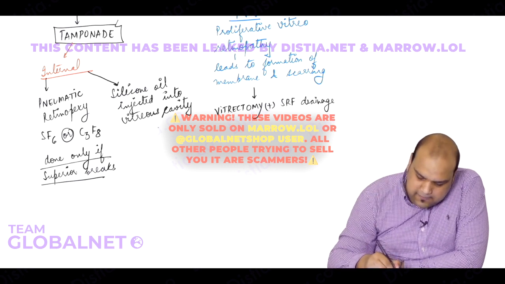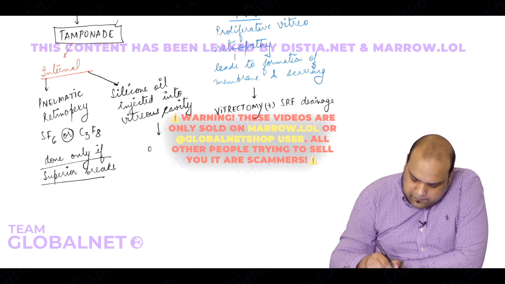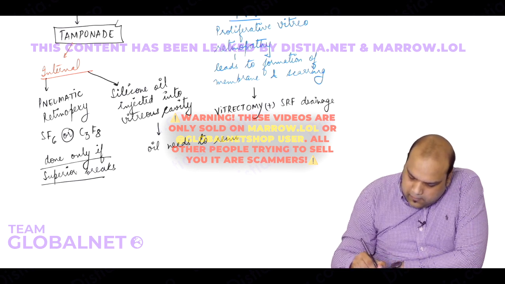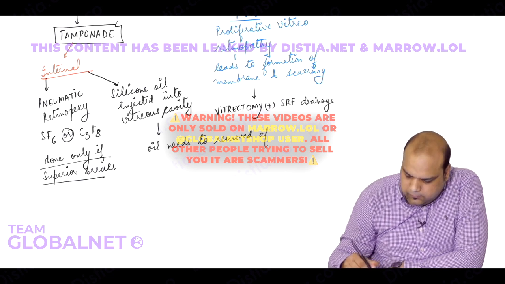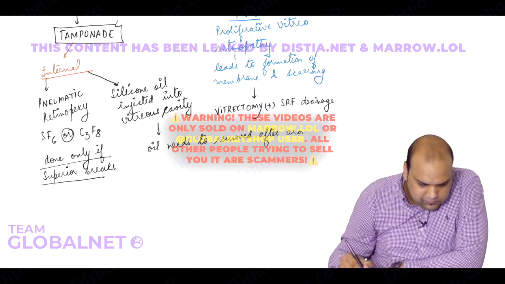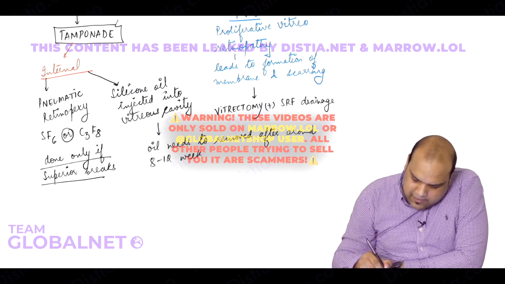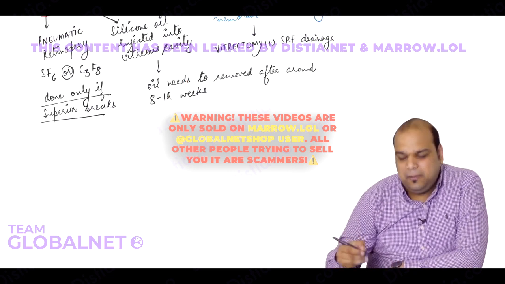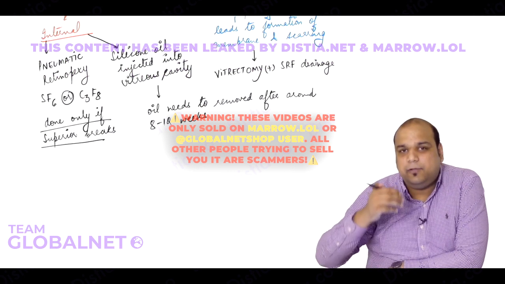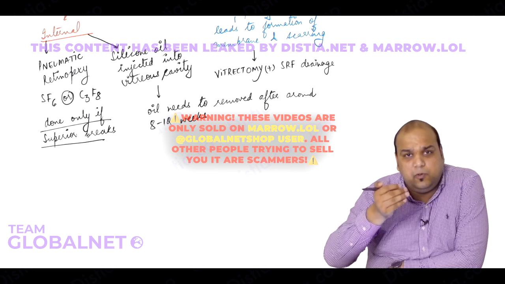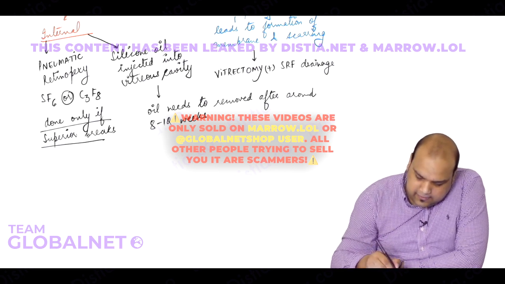The only problem is silicone oil needs to be removed after around 8 to 12 weeks. See, the air will get absorbed, but oil cannot get absorbed. So even though silicone oil is better actually than pneumatic retinopexy, but you need to remove it. And it has a side effect or a complication, you can say.